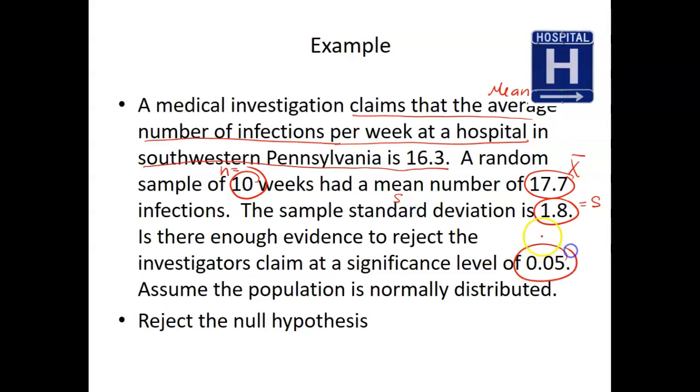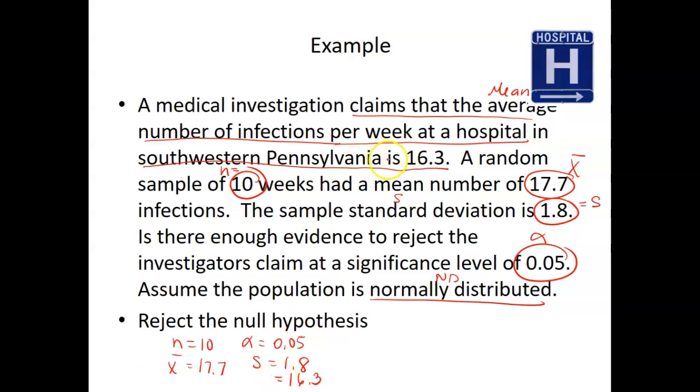We have our alpha, and we know that it's normally distributed. So if we identify our values, n is 10, x bar is 17.7, alpha is 0.05, s is 1.8, and the one other value that we hadn't identified is the 16.3.